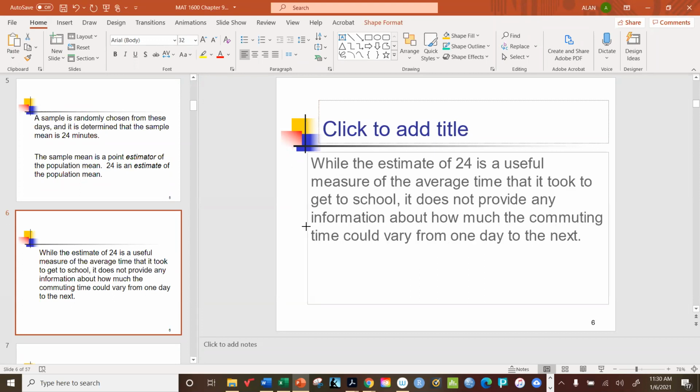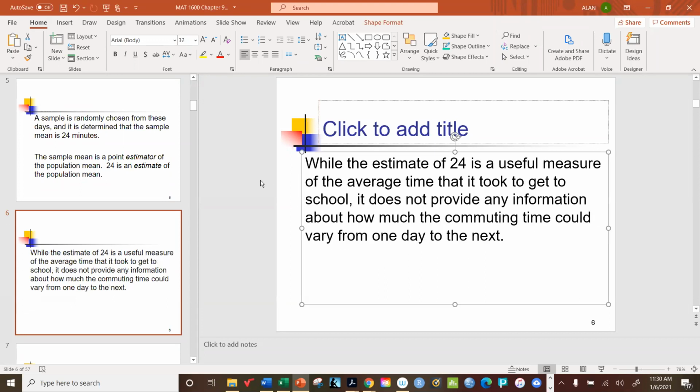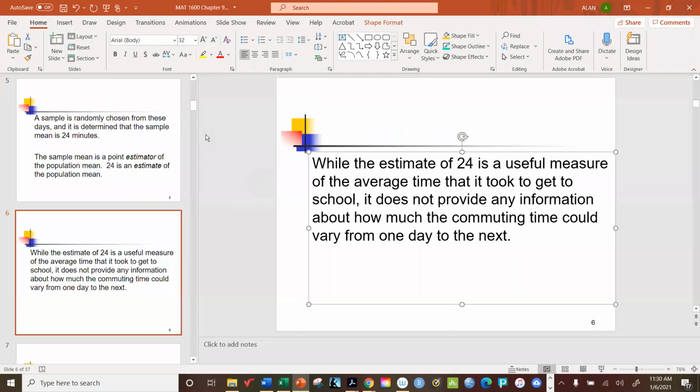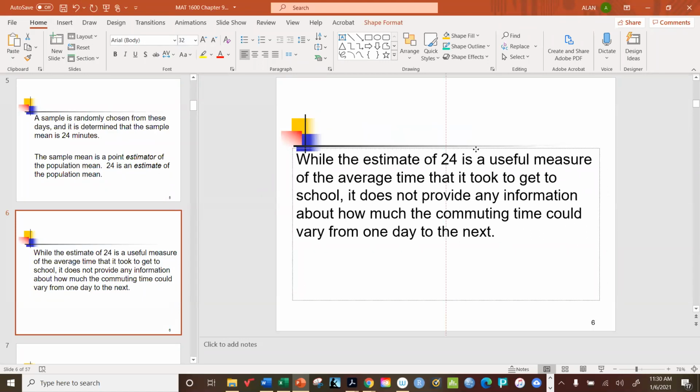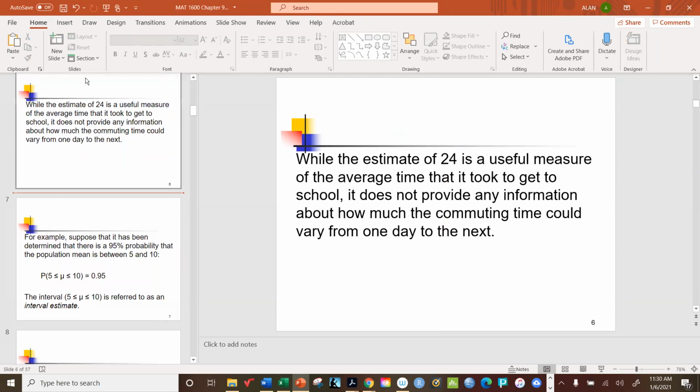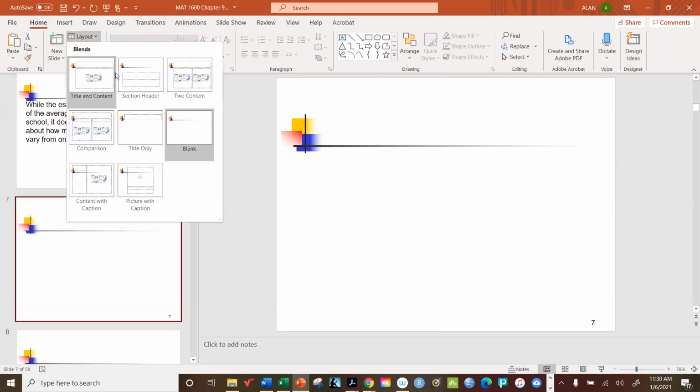So in other words, 24 is the average, but it might be the case that it's almost always within a few minutes.